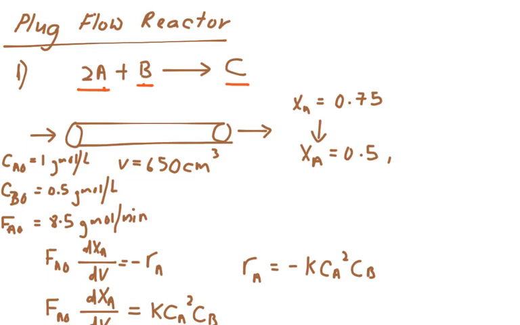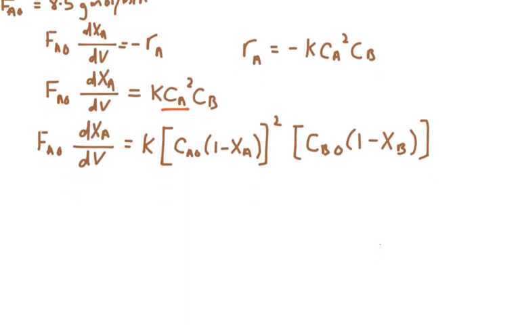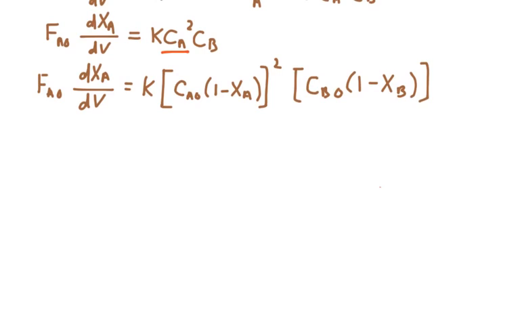Therefore, the conversion in this whole equation will be dependent on Xa, or reactant A. So this value for your conversion in Cb naught can be changed to A.